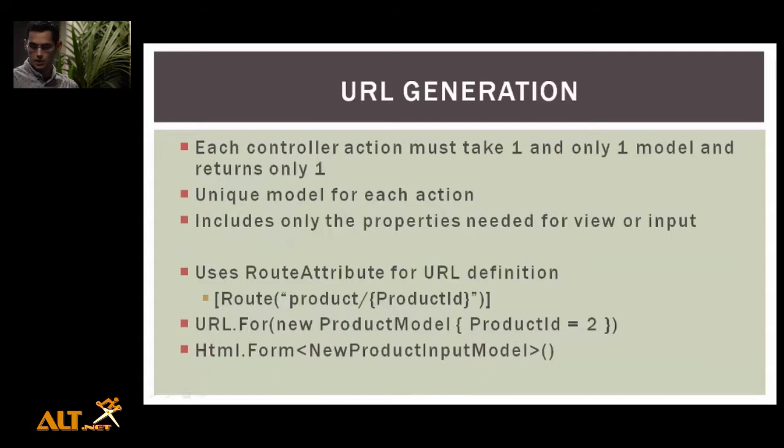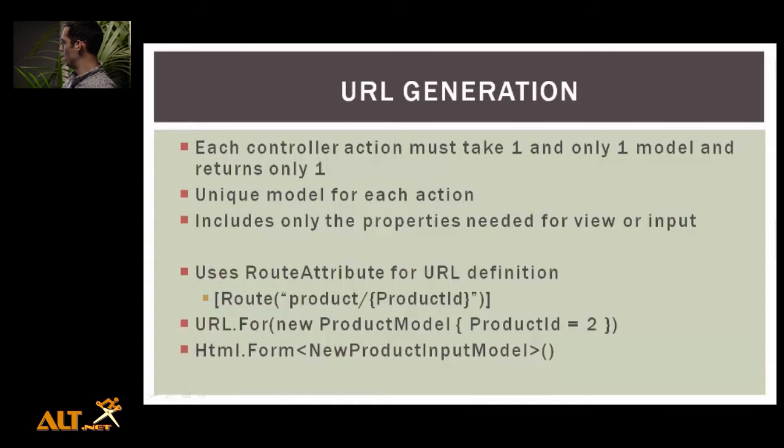Cool. So in SchoStack, it has a pretty good idea of how to use URLs within your application. Each controller action takes one unique input model and sends out one unique output model. So what you can do with that is that the input models get bound to your routes that you can see there in the route attribute.